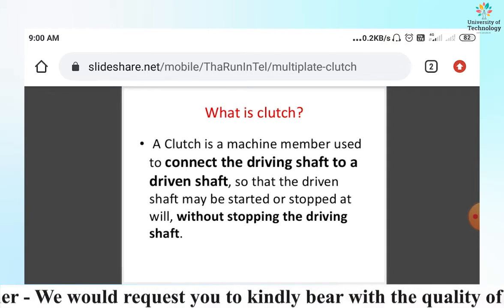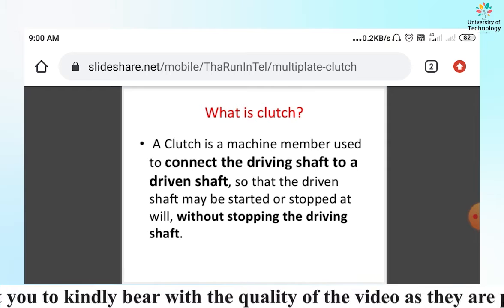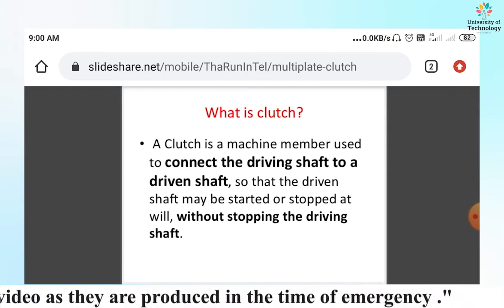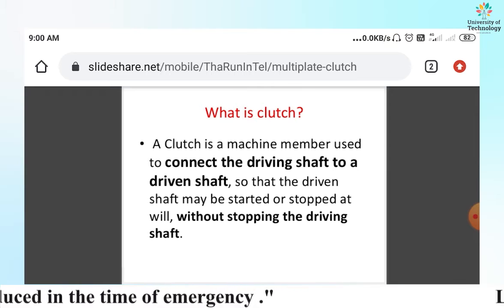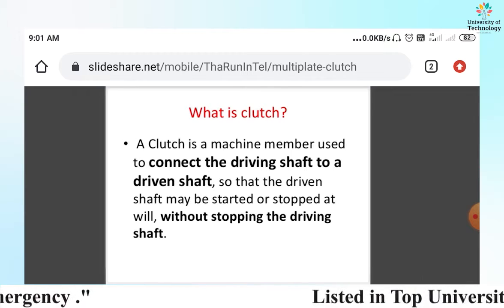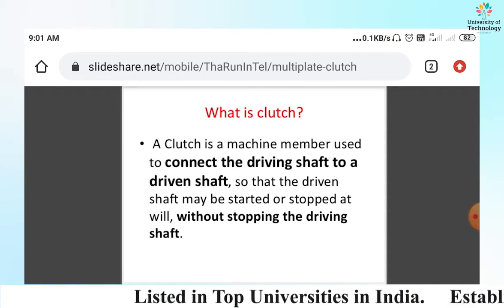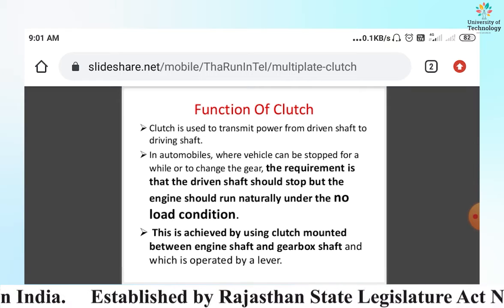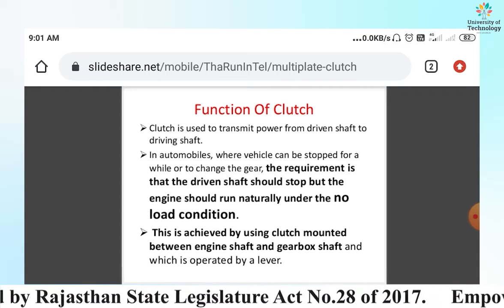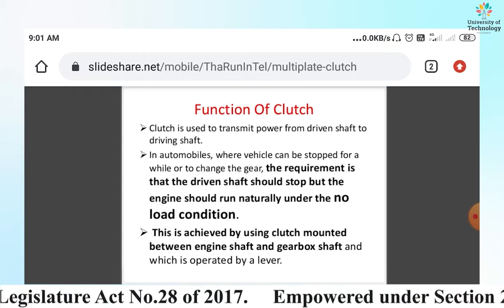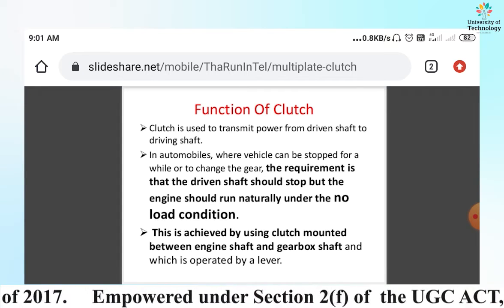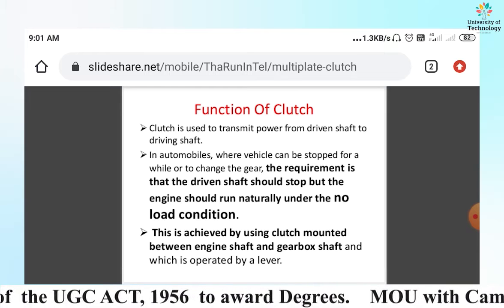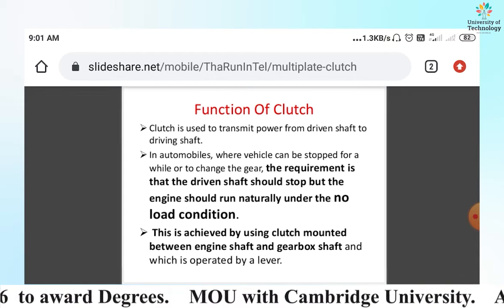A clutch is a machine member used to connect the driving shaft to a driven shaft so that the driven shaft may be started or stopped at will without stopping the driving shaft. Now the functions of the clutch. The clutch is used to transmit power from the driving shaft to the driven shaft in automobiles, where vehicles can be stopped for a while or to change the gear.